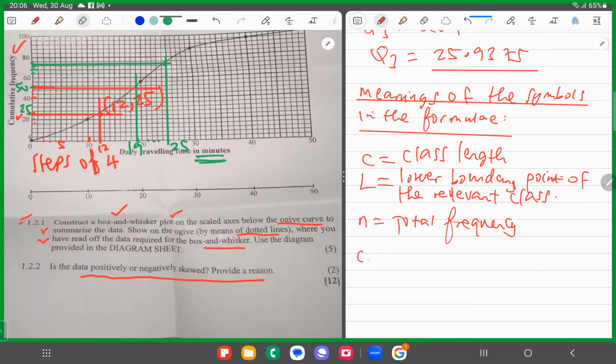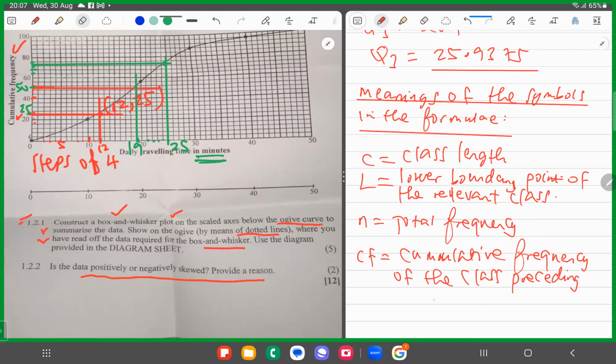And then what is CF? CF is the cumulative frequency of the class preceding the relevant class.